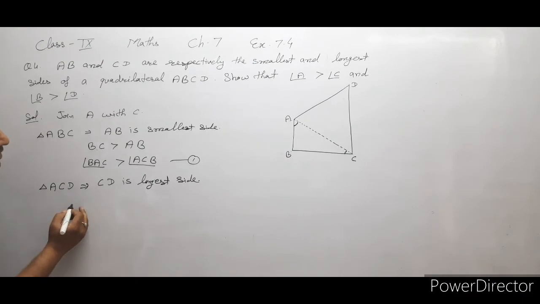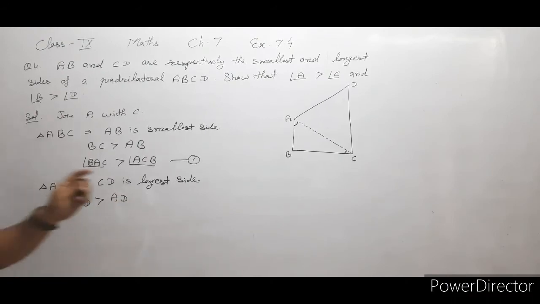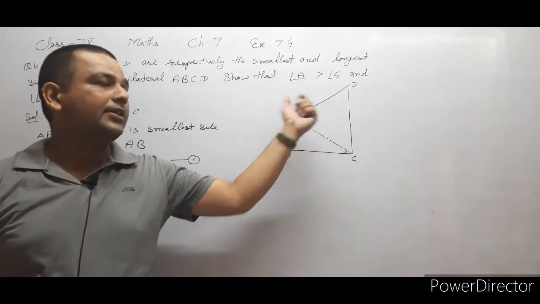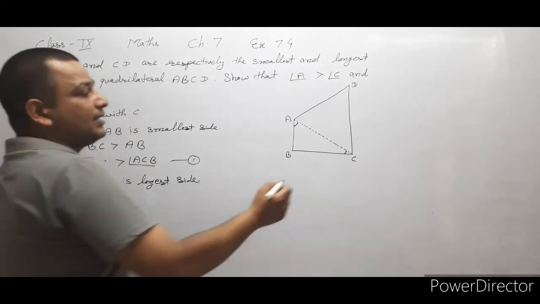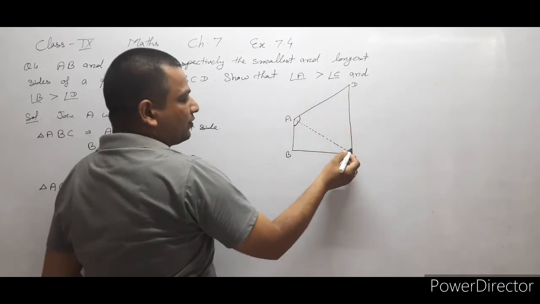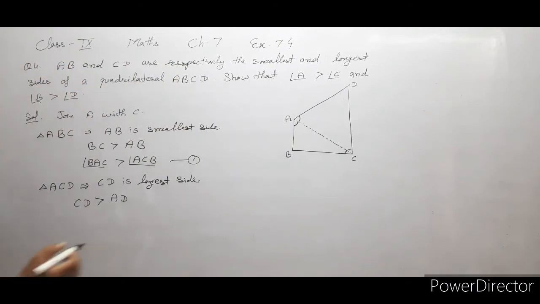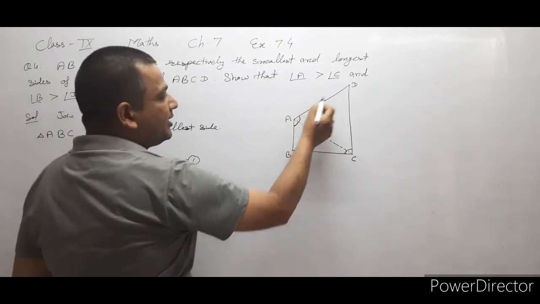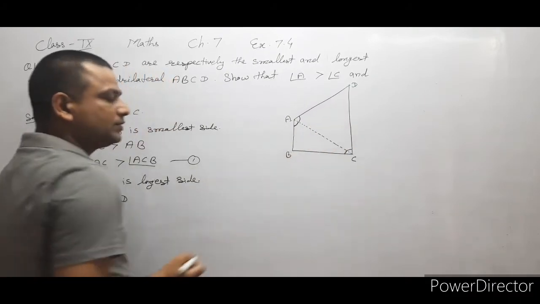If CD is the greatest side, that means CD is also greater than AD. If CD is greater than AD, then the opposite angle of CD is this, the opposite angle of AD is this. That means angle CAD is also greater than angle ACD.